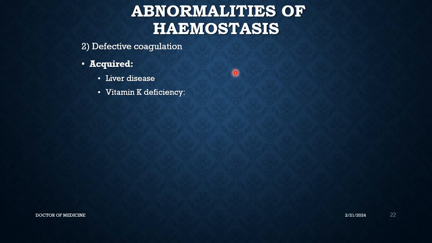The liver also produces different bile salts which are important in the absorption of vitamin K. Vitamin K is necessary for the production of different clotting factors. Vitamin K is essential for the gamma carboxylation of glutamic acid. This reaction is known as carboxylation.